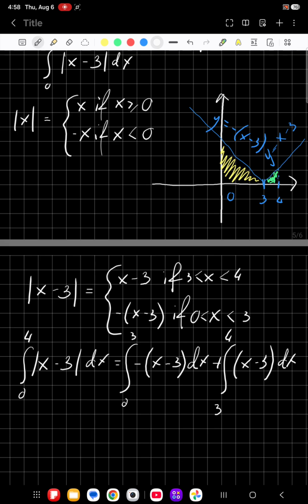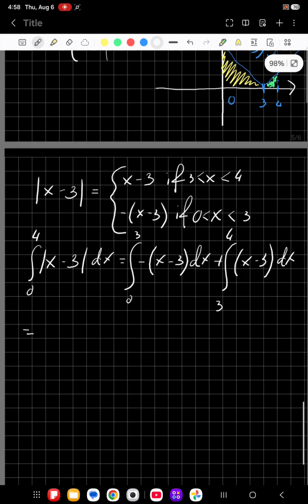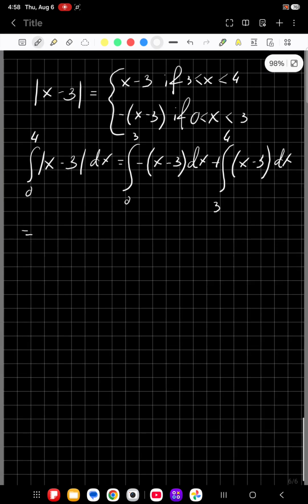So first step, we find those antiderivatives. The antiderivative of, let's take this negative out, we'll have the antiderivative of x and this, and then we'll have the same thing, because this is the same as that. So I have a negative in front.